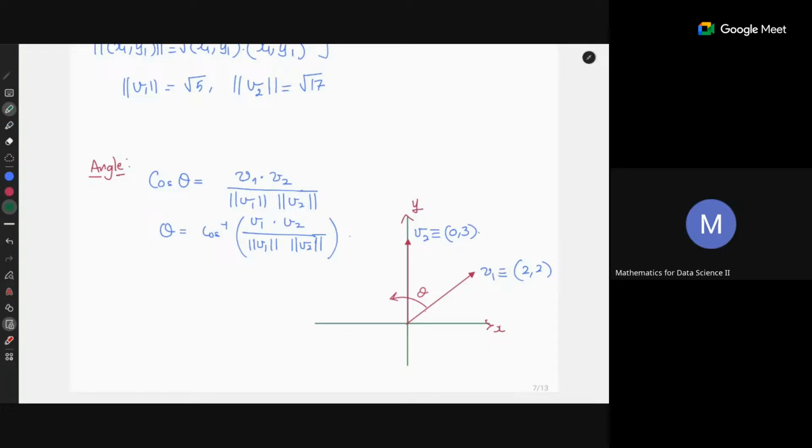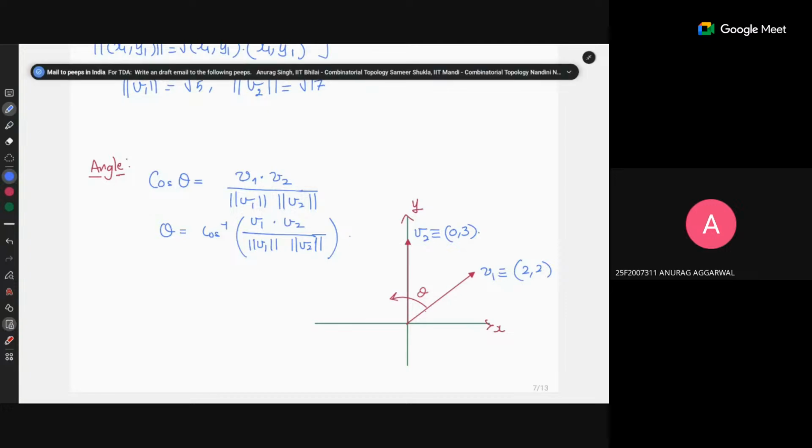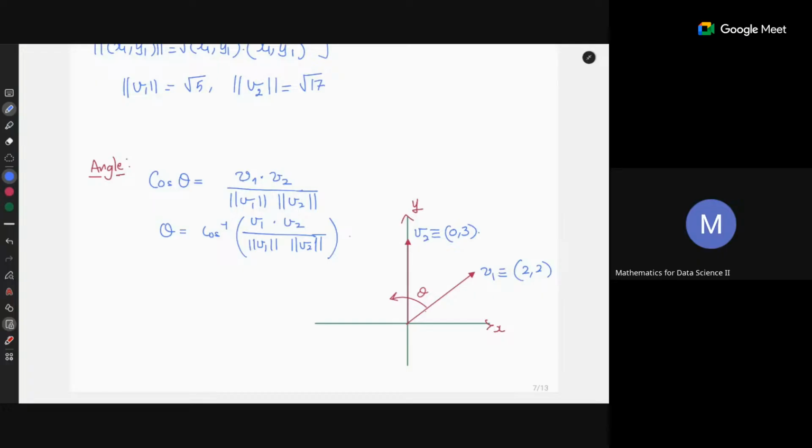So what is the angle in this case? Which angle is the angle between the two vectors? It is the angle between the two vectors with their tails at one point.